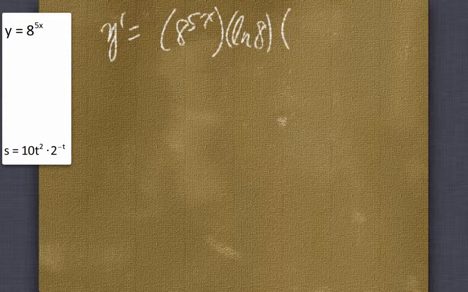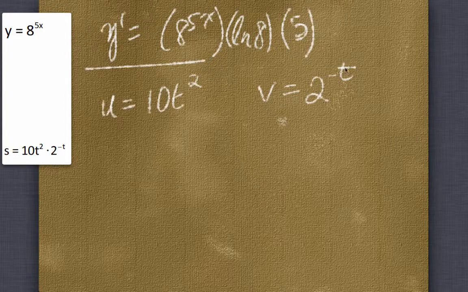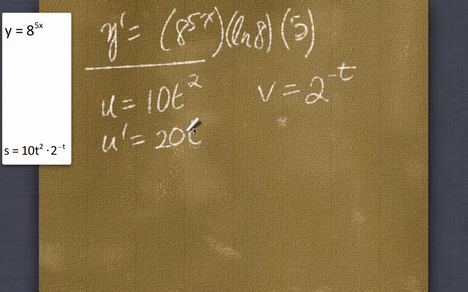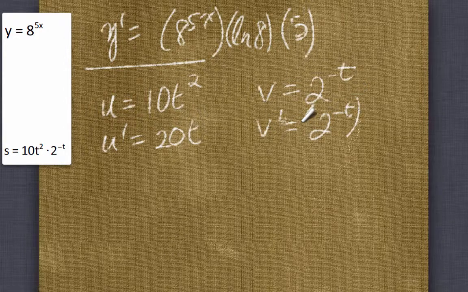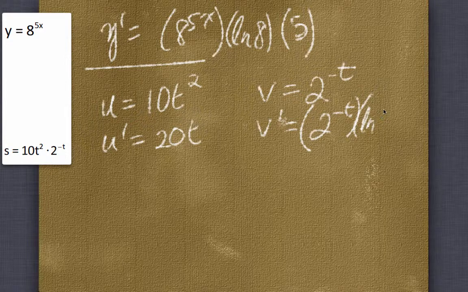In this one, I have a product. So u prime, 2 times 10 is 20t, drop a degree, v prime is, write down what you see, multiply by the natural log of the base, and the derivative of the top.